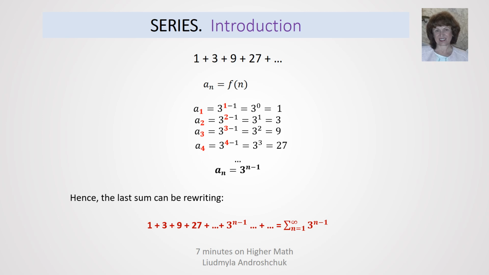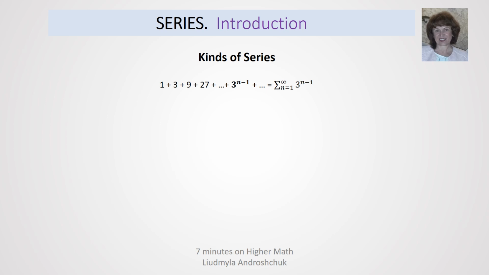The general term equals sigma, when n changes from 1 to infinity, of the general term 3 to the power n minus 1. Sigma usually gives us the sum, and on the left we have the extended form, on the right we have the brief form of the series. Both of these forms are identical.